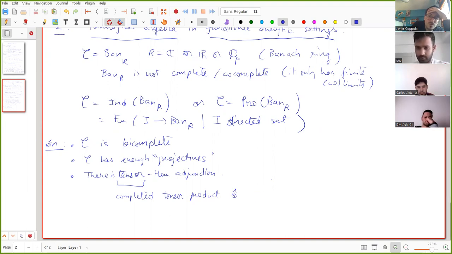This was originally defined by Grothendieck. The completed tensor product is something which exactly mimics the algebraic tensor product. That is, you have a universal property between linear maps out of the tensor product into bounded bilinear maps.